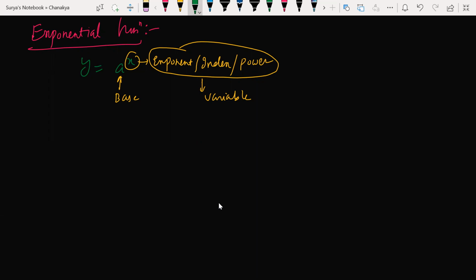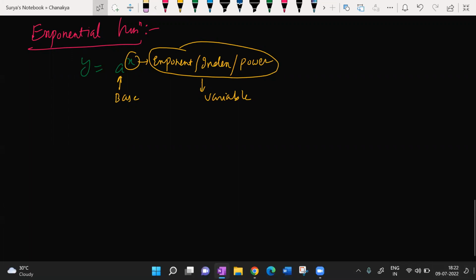Make it fast. Range will be from 0 to infinity. I'm not talking about range. Tell me what is the condition for exponential function. Range will be 0 to infinite as you told, correct. But what is the condition for this exponential function I'm saying?